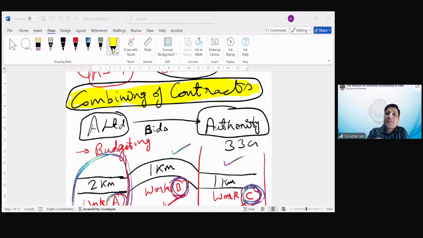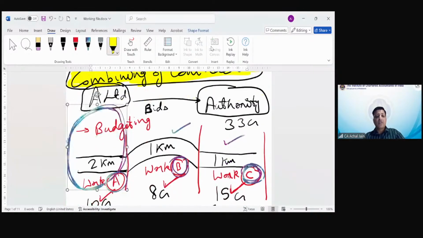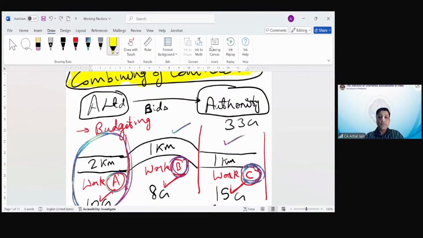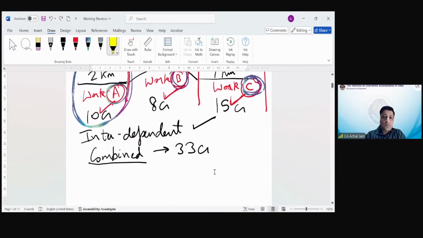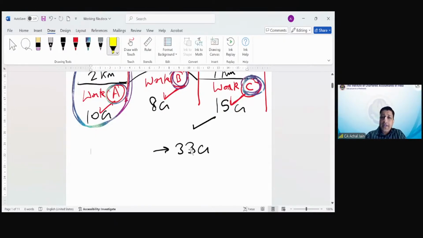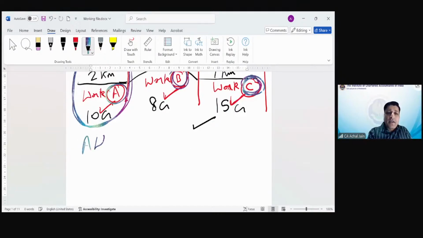So let's suppose you have a separate situation wherein work A is given to A Limited, work B is given to B Limited, and work C is given to C Limited. Then what do you do? Then I think all of these complications will not arise. So let's try to look at that situation as well.